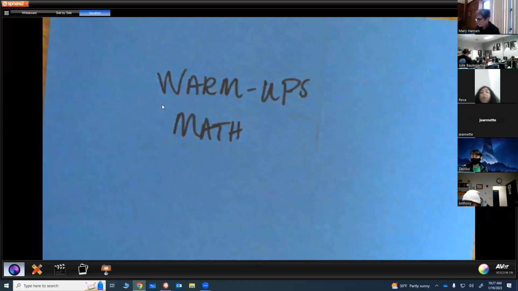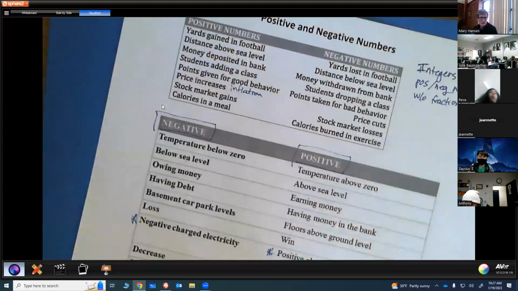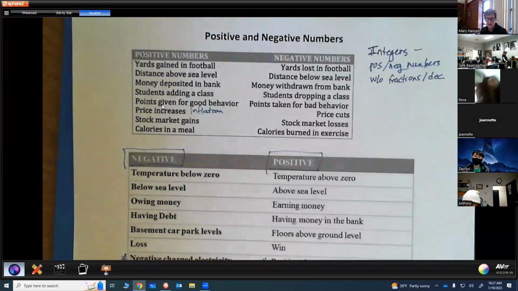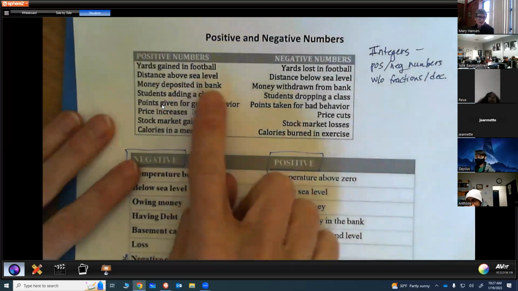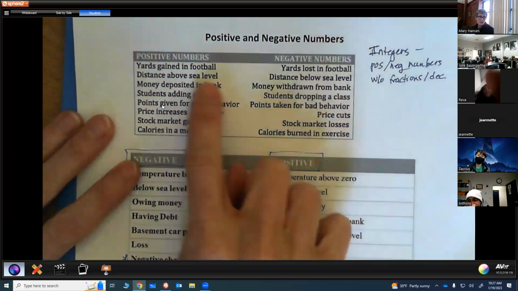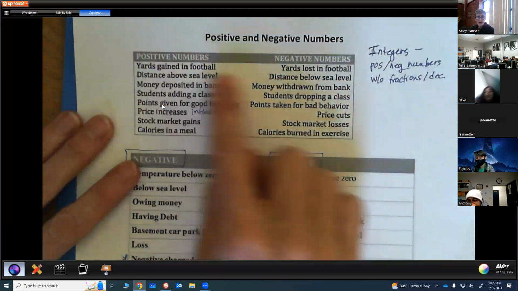So a quick recap from Tuesday: we're going to be starting working with positive and negative numbers, because a lot of people struggle once we get to the negative side. So we spent a little bit of time talking about what things really are negative numbers in the real world, even though you may not actually call them that or put a negative sign in front of them. For example, yards gained in football versus yards lost. You could think about that as a positive gain and a negative loss.